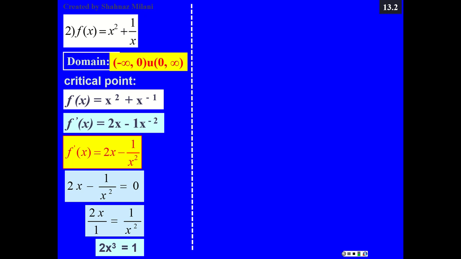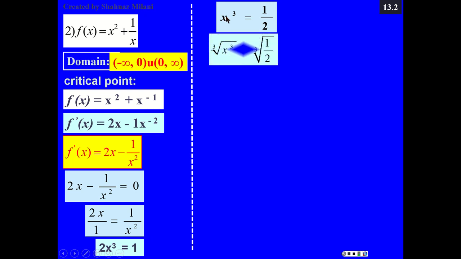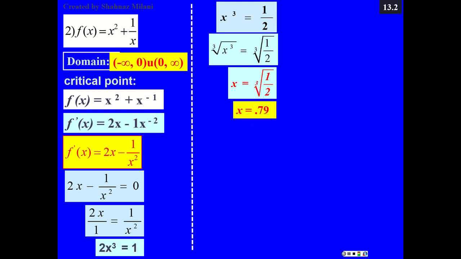You are trying to solve for x. From here, divide both sides by 2. Now, to solve for x, take the cube root of both sides. And now, this one, you just plug into the calculator. Cube root of 1/2 is going to be 0.79. So x is equal to 0.79.